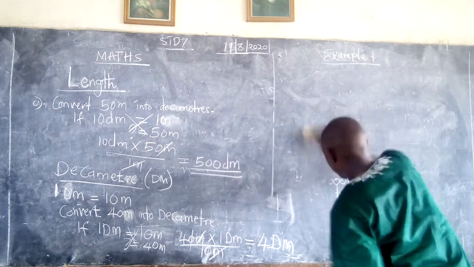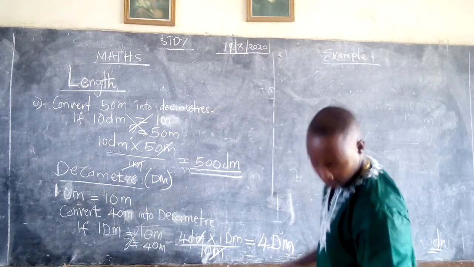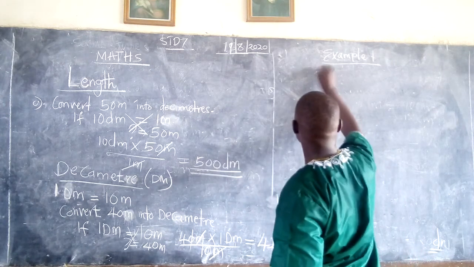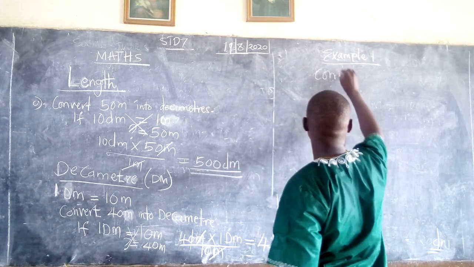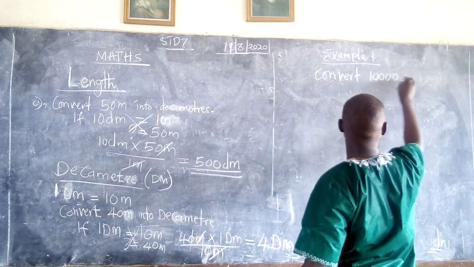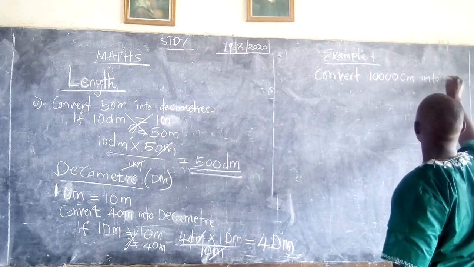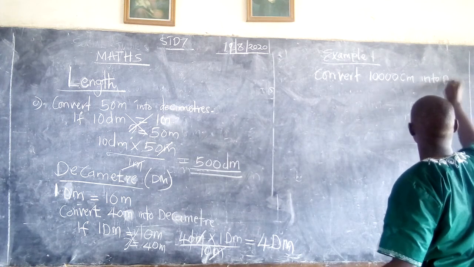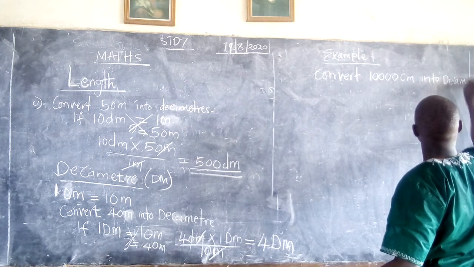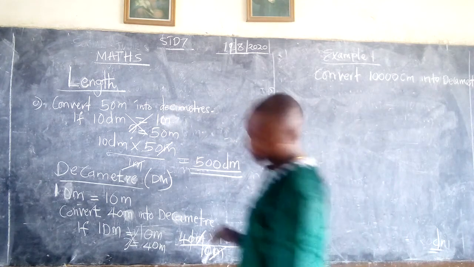Let us say you are given 10,000 centimeters to convert into decameters.